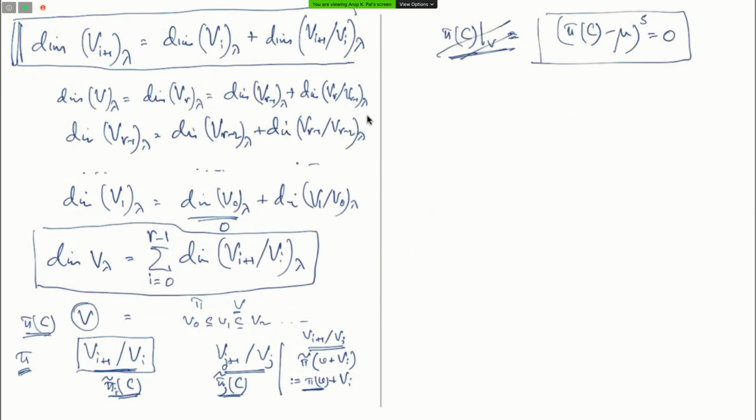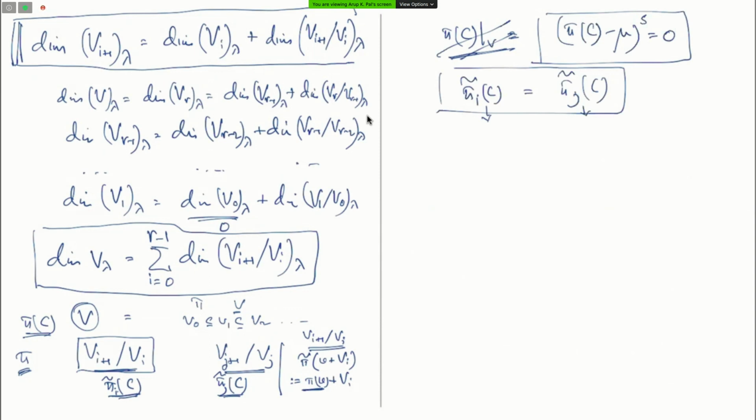So from that you conclude that they would give you the same thing. They would give you some scalar because these are irreducibles, right? V_(i+1) over V_i, the representation pi tilde is there, and V_(j+1) over V_j, the representation there. They are irreducible.